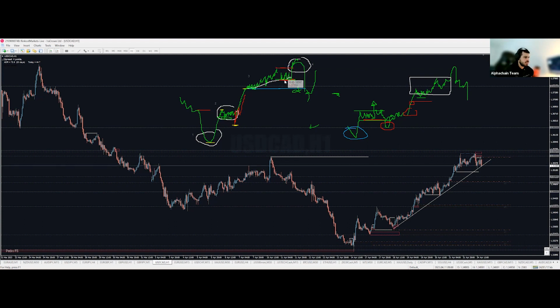Right, so if you do have that kind of behavior, that's even better, because this initial breakdown is kind of the first indication, or one of the indications, that price is about to turn. And this last spike that you are seeing is usually to collect liquidity to then reverse price.